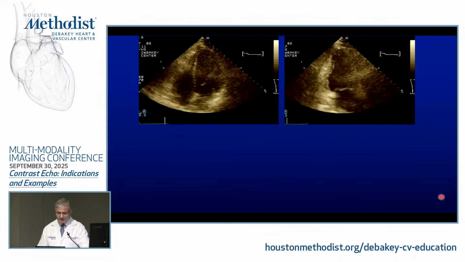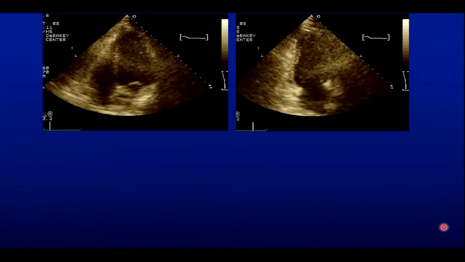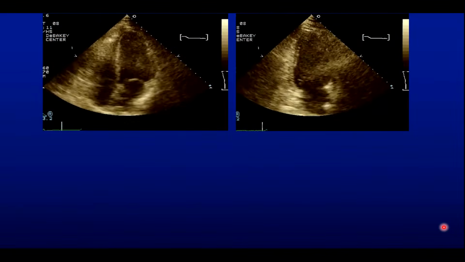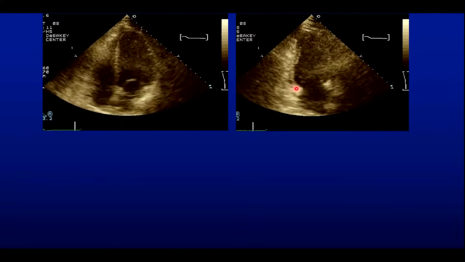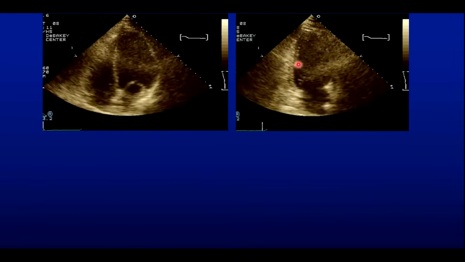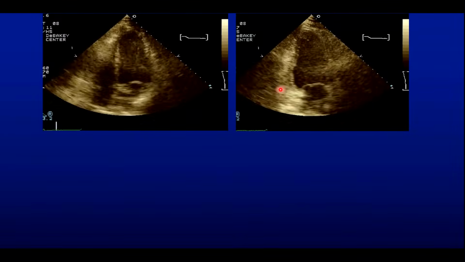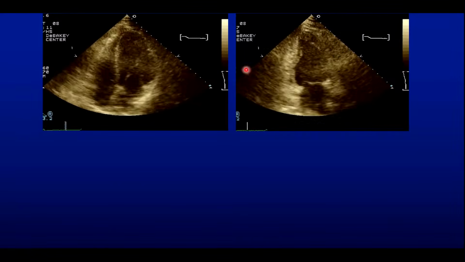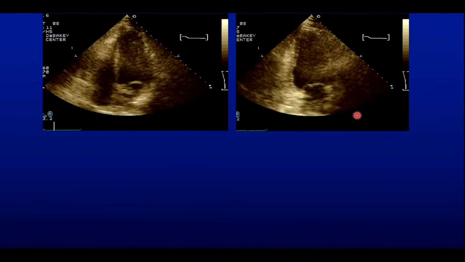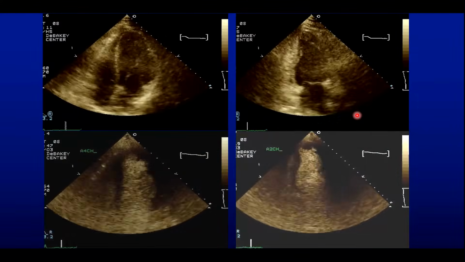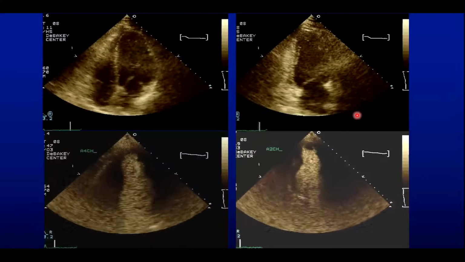How about this patient? I think, for the uninitiated here, there is an abnormality in the inferior wall, no question about it. Can't tell here, can't tell there, but this is where the abnormality is. And this is contrast, interestingly enough.